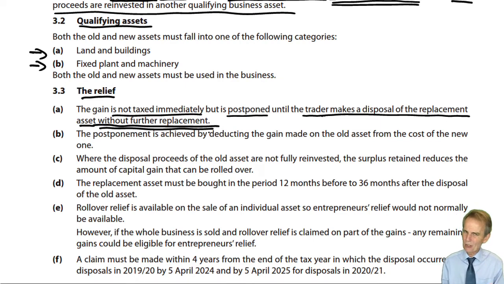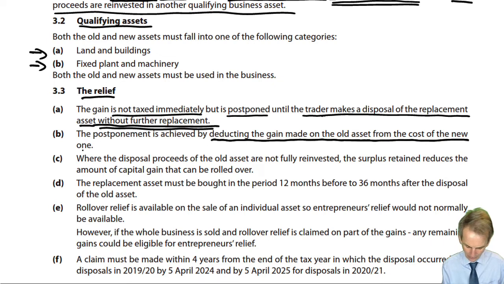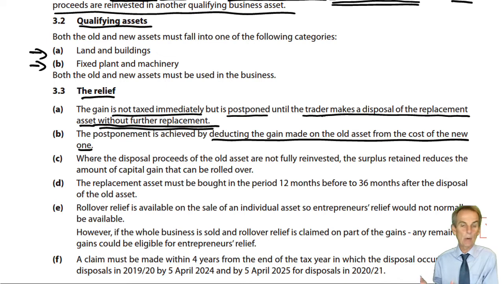How does this deferral work? Well, this deferral, this postponement, is achieved by deducting the gain made on the old asset from the cost of the new one. So, if we take the gain on the sale and deduct that gain from the base cost of the newly acquired replacement business asset, the replacement property, then the new one has a lower cost.